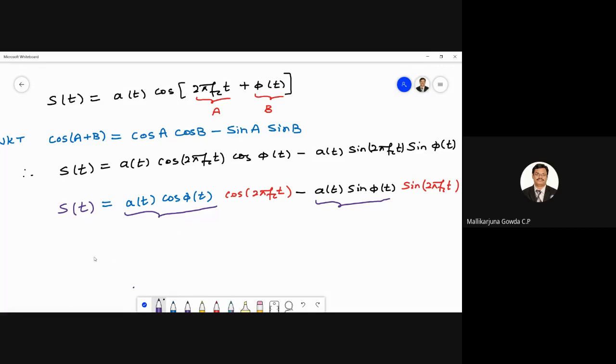Therefore, I can say Si of t will be equal to A of t into cos phi of t.